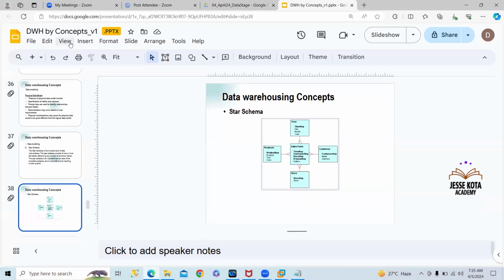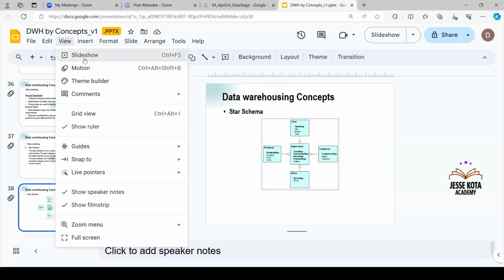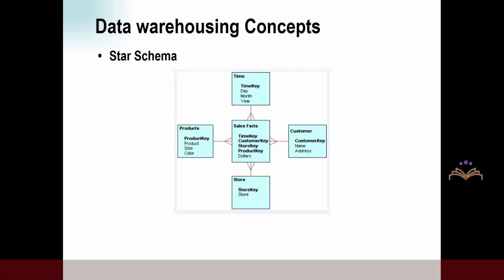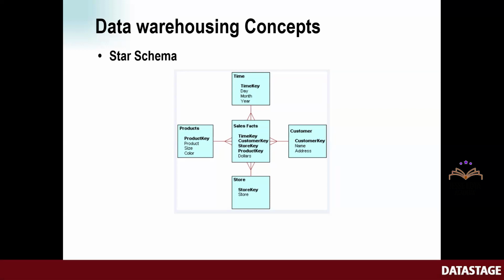Let me maximize this. Here we have the product dimension, customer dimension, store dimension, and time dimension table. There are four dimension tables surrounding the fact table.